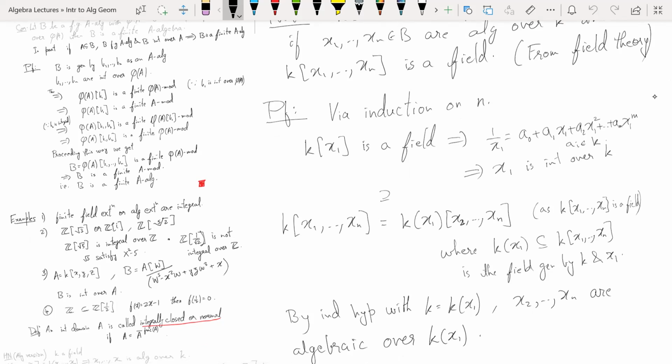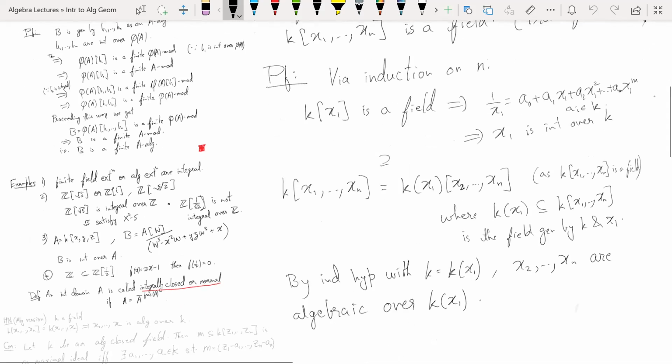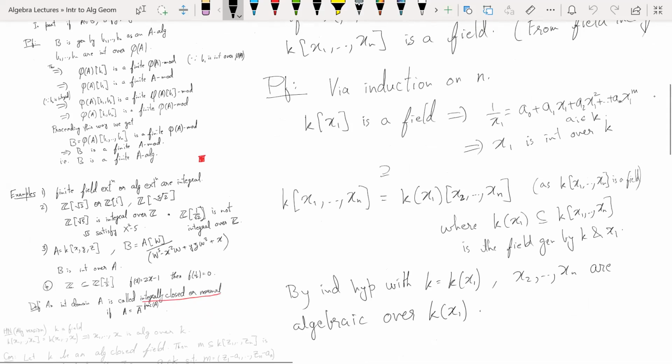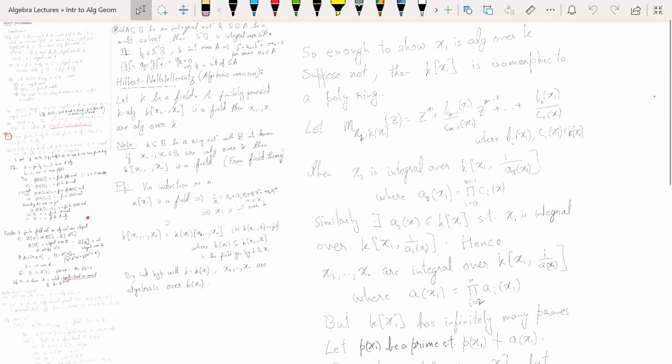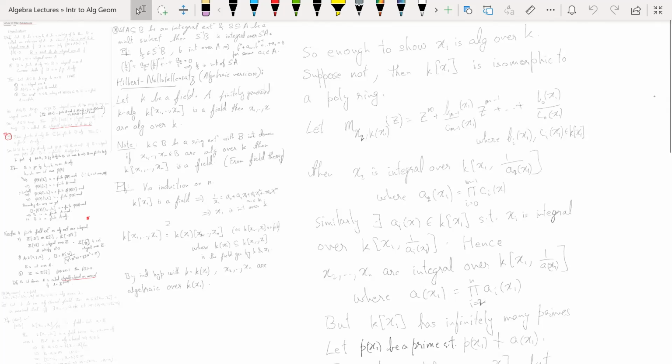So once we prove that x1 is algebraic over K, then we are done, because K(x1) is algebraic over K, and x2 to xn are algebraic over K(x1), and everything will be done. So it's enough to show that x1 is algebraic over K. Then x1, x2, ..., xn are algebraic over K by what we have concluded.